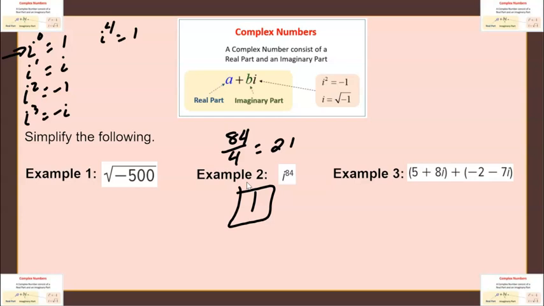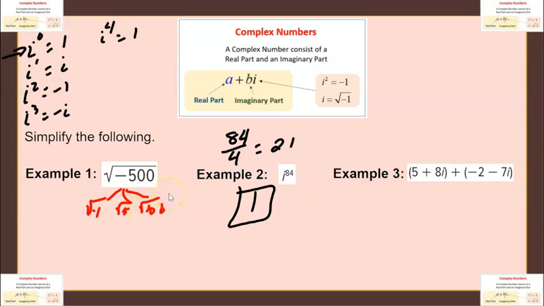So now let's look at example 1 here. I need to simplify the square root of -500. I can't find the square root of a negative number because there's nothing I can multiply by itself to get a negative number. So to solve this one, I need to break this apart. This would be the square root of -1 times the square root of 5 times the square root of 100.